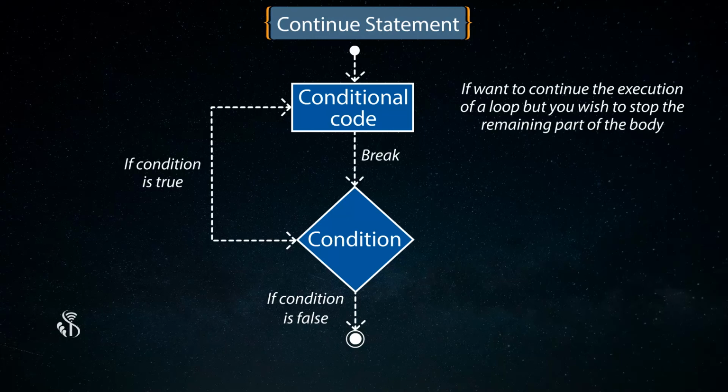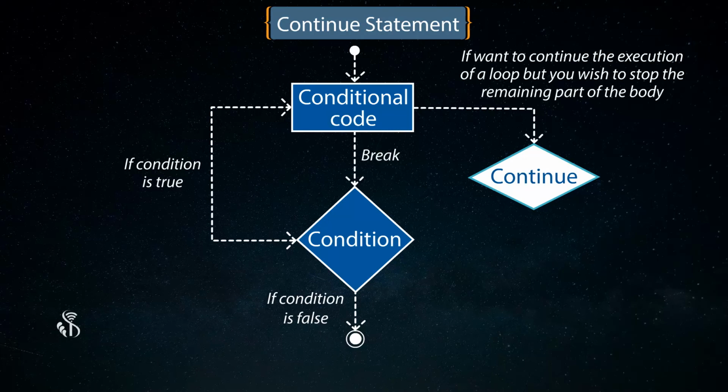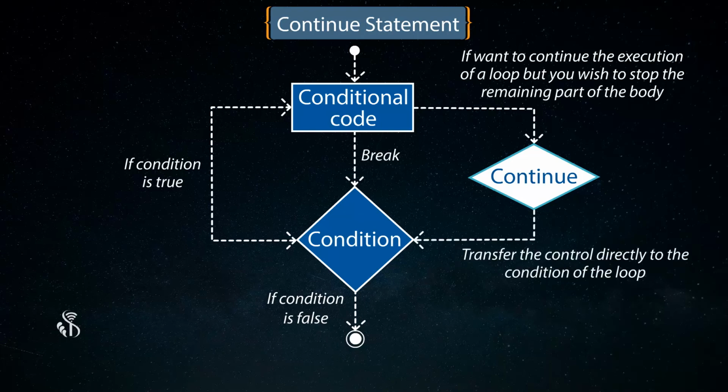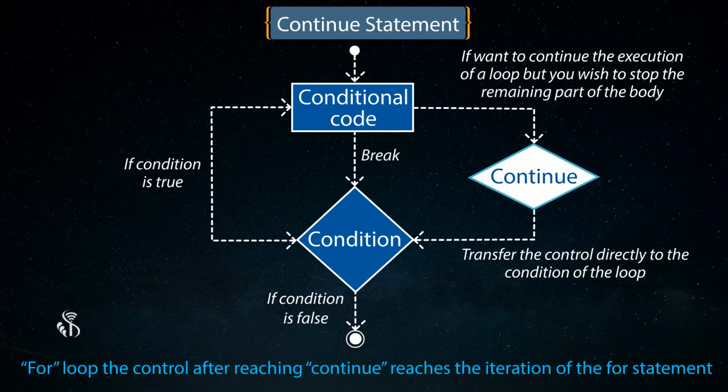In this case, you should make use of the continue statement. When this statement is used in a do-while or while loop, the continue statement transfers the control directly to the condition of the loop. But in a for loop, the control after reaching continue reaches the iteration part of the for statement.